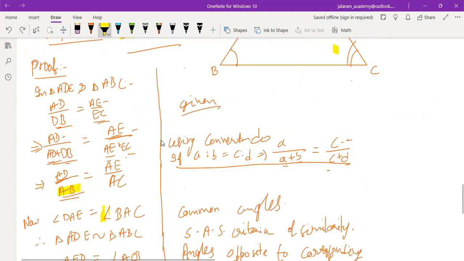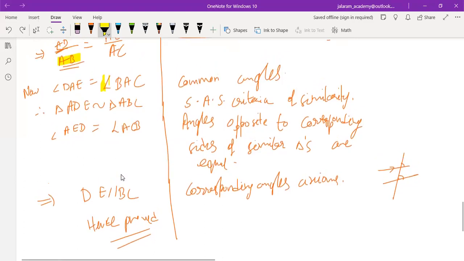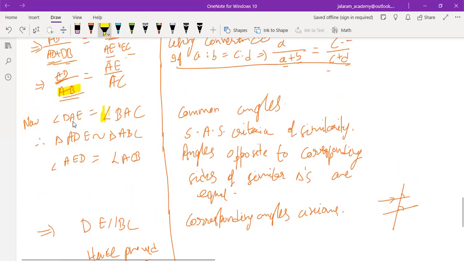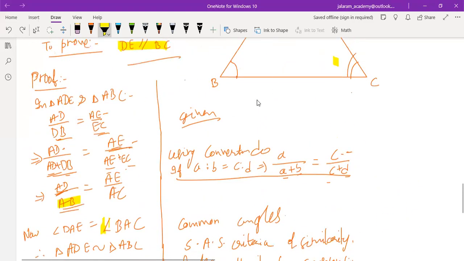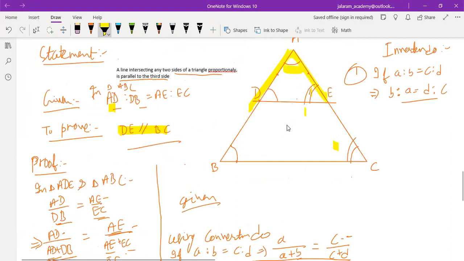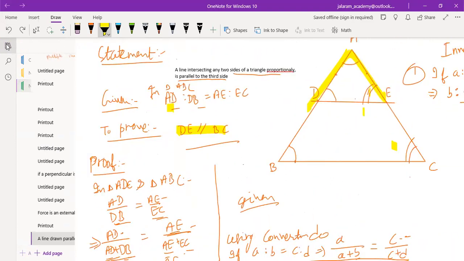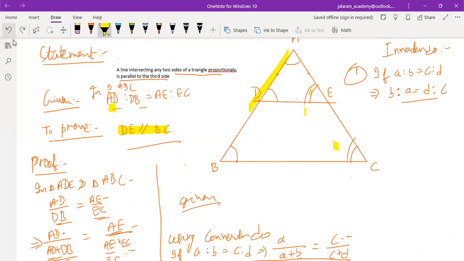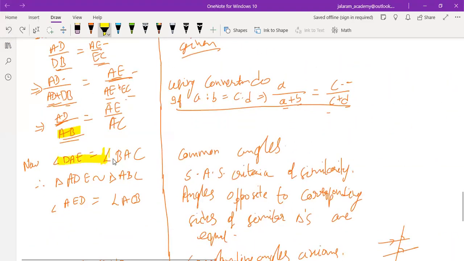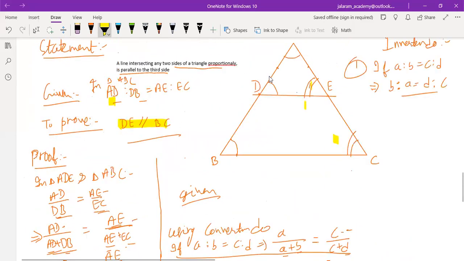The angle between AD and AE in triangle ADE is angle DAE, and the angle between AB and AC in triangle ABC is angle BAC. So this angle also lies between the two proportional sides. So it is the SAS criteria of similarity by which we have proved the similarity between triangle ADE and triangle ABC.